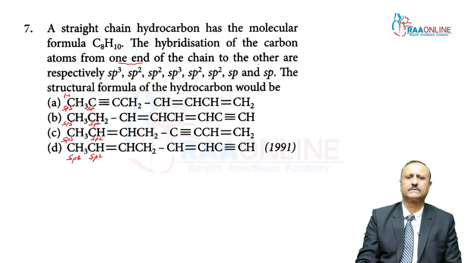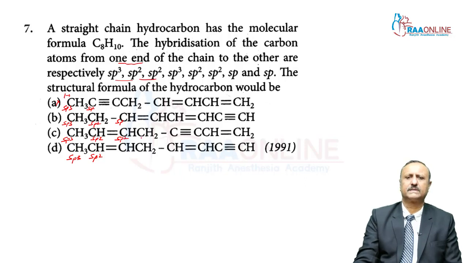Now my dear students, this sp3 sp2 is present, so this is a wrong answer. Then sp2, here sp is present, here this carbon atom is sp2, sp3 sp2, here sp2 is present, so this is also correct.